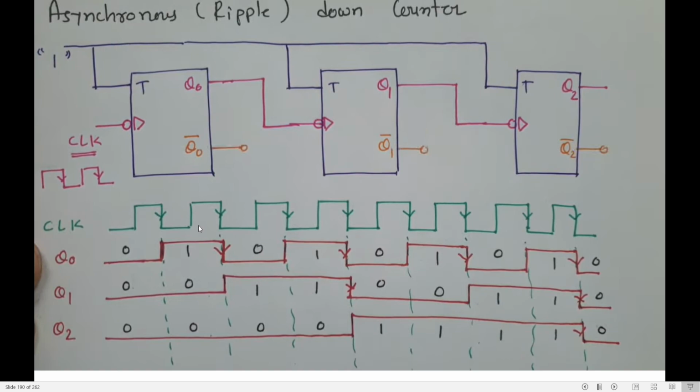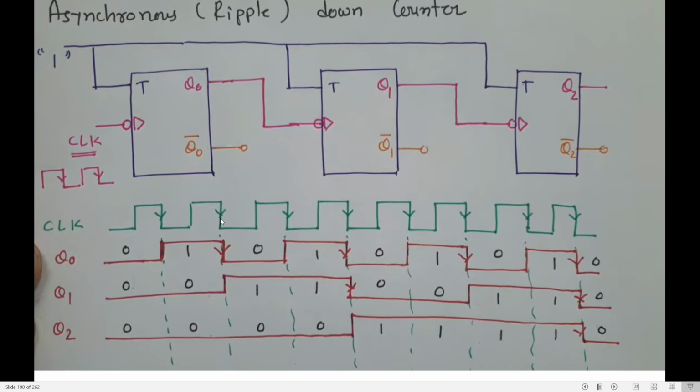Now let us start designing Q0. How will I get Q0? I will write Q0 here. Initially, think Q0 is 0. This is an assumption. Whenever I get a negative edge, dropping from high to low, my T flip-flop, the toggle flip-flop, toggles from 0 to 1. I will be in one state till I encounter the next negative edge.